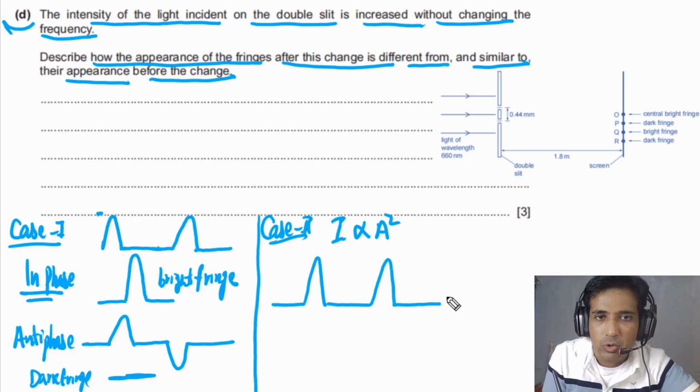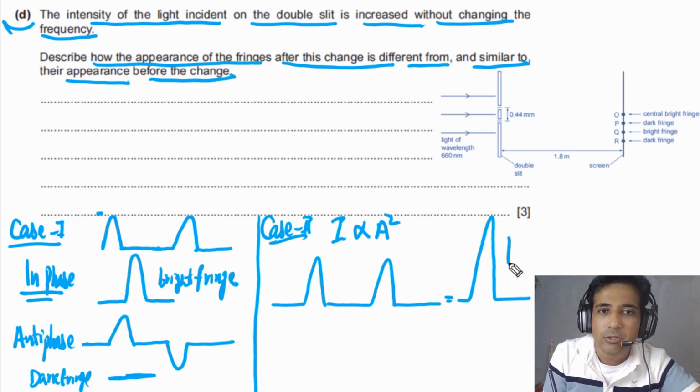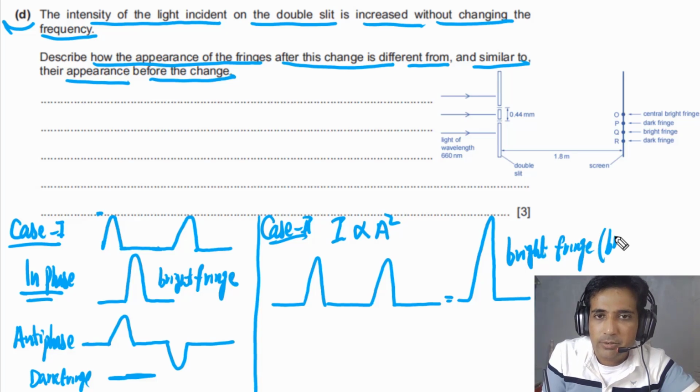I can draw it here. You see the intensity of the bright fringe has been increased. So the bright fringe will be brighter than before because its amplitude is greater.